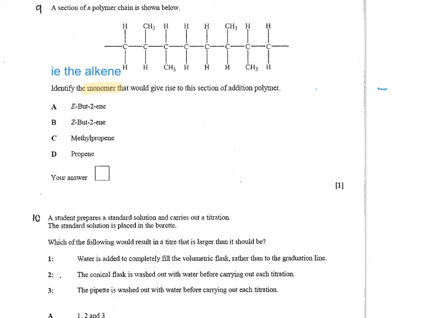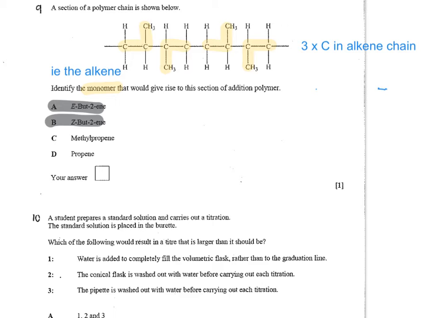To do that, what we've got to do is identify what the carbon chain is of that alkene. So we know that we have 3 carbons. What that allows us to do is to eliminate these 2, so we can cross those out.